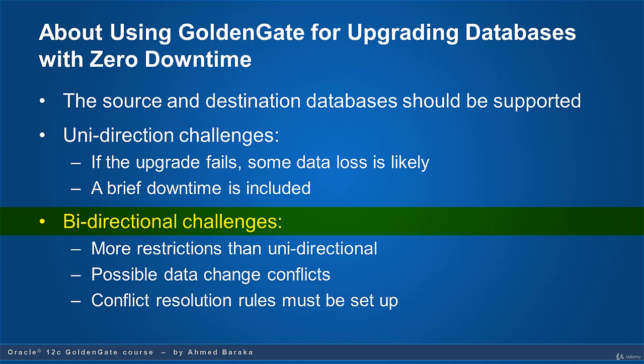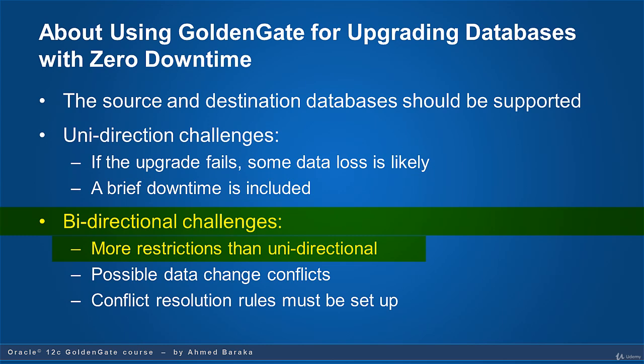Some professionals prefer to use the bidirectional configuration so that the downtime becomes zero. Personally, I always try to refrain from this approach for two reasons. First, as we learned in the course, the bidirectional configuration has more restrictions than the unidirectional configuration.